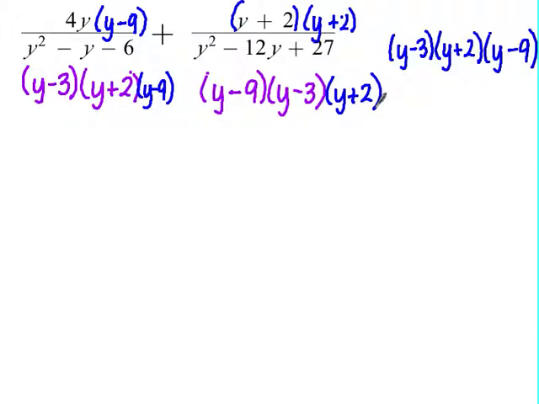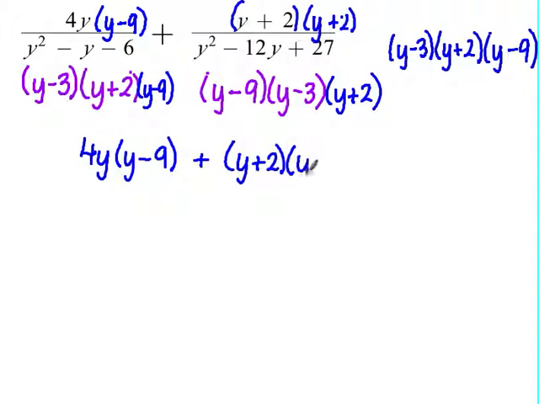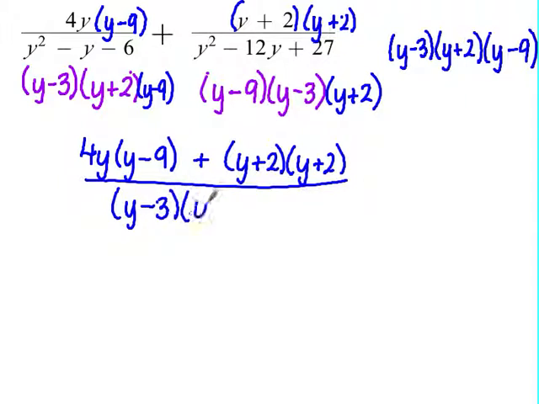That one is a lot of fun. So here I'm going to have 4y times y minus 9 plus y plus 2 times y plus 2, all over y minus 3 times y plus 2 times y minus 9.